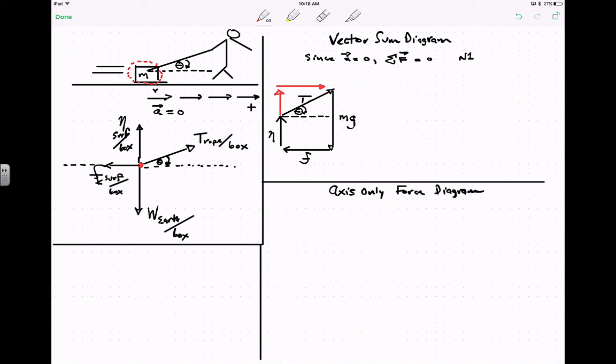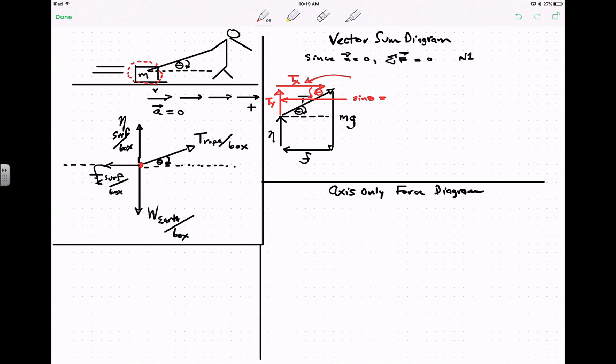Do you guys see that this angle is also theta? So this side here and that side there, we can easily figure out. Do you know how? Sine and cosine. I'm going to define this as tension in the y direction, and this one as tension in the x direction, defining x and y as horizontal and vertical in this case.